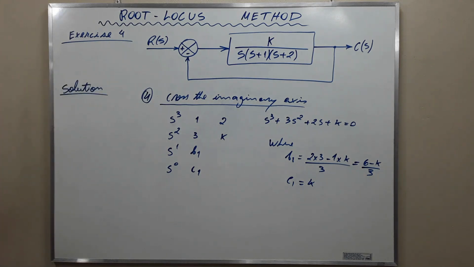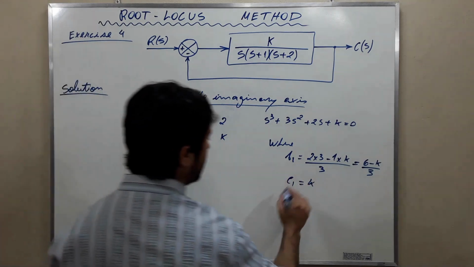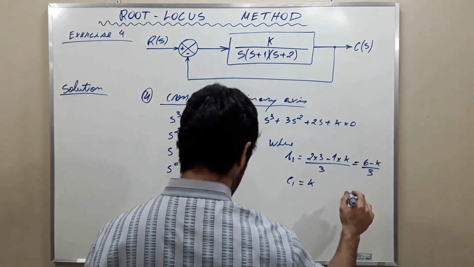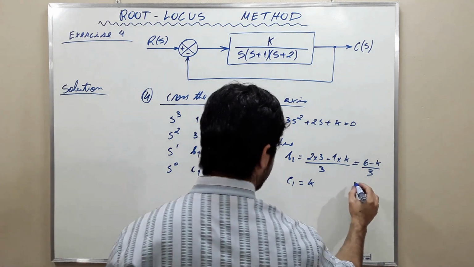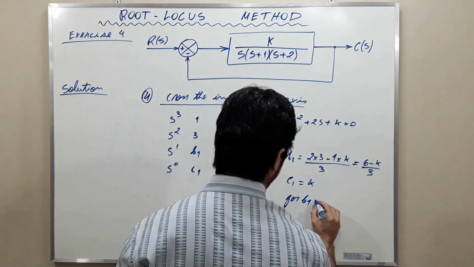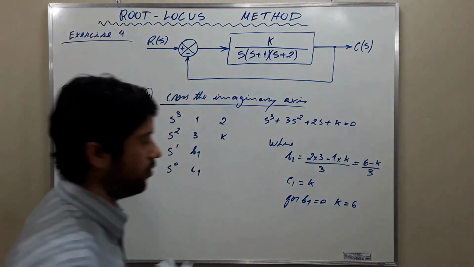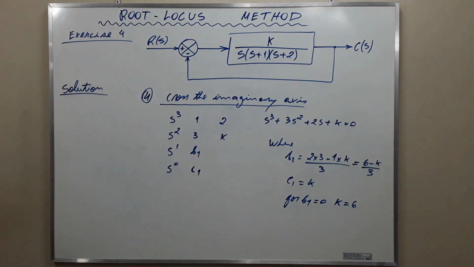And for the s to the 1 term to be 0, for B1 to be 0, K has to be equal to 6. Alright?